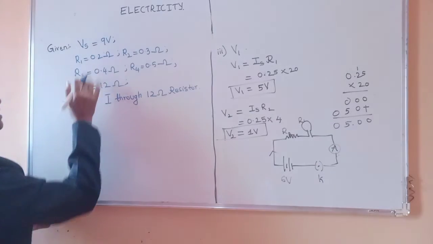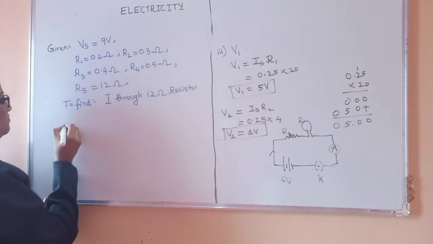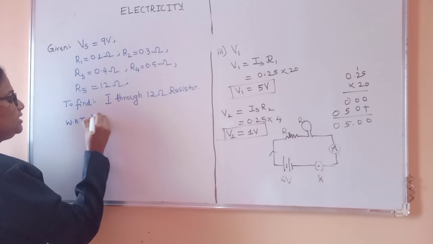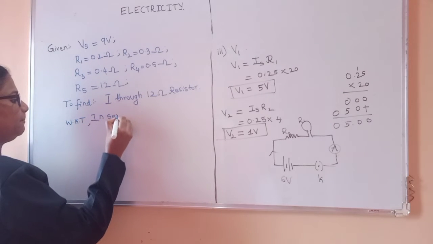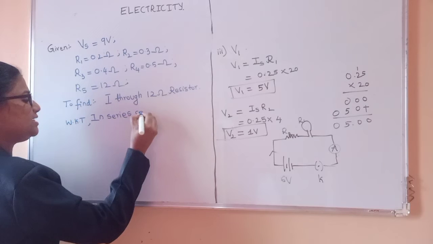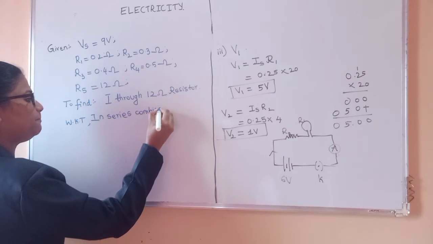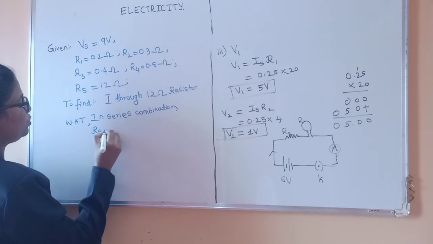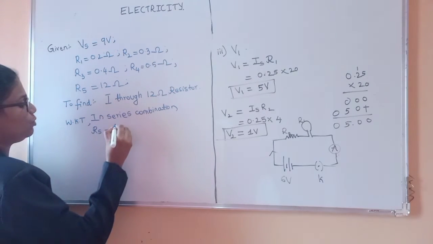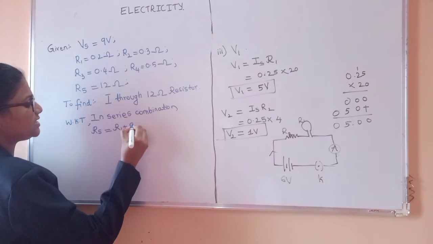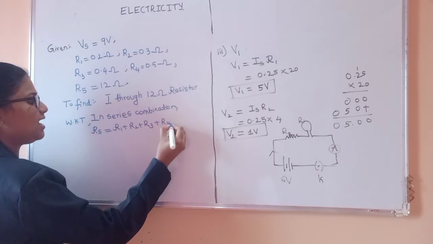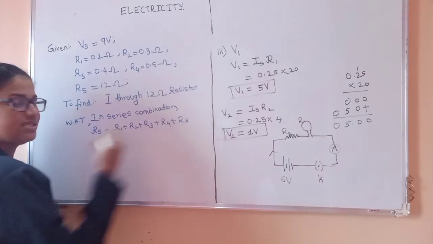For that, let us find RS first. We know that in a series combination, resistance in series RS is equal to R1 plus R2 plus R3 plus R4 plus R5, because we have 5 resistors here.